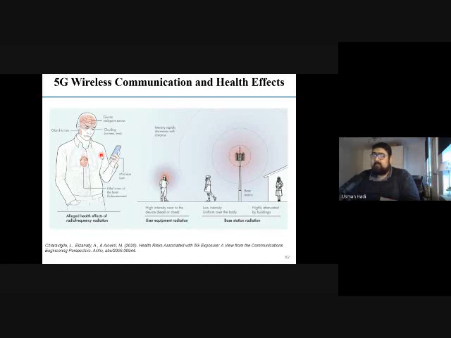For example, what people have been claiming is that you have a remote radio head or a base station that radiates electromagnetic radiation, and that can affect your body. It can affect your chest, head.